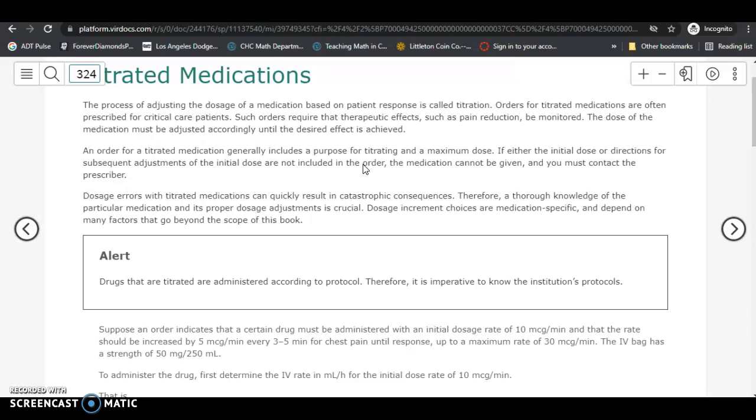If there's no response, if the desired response is not present, then you increase the dosage. To increase the dosage, you increase the flow rate at which the patient is receiving the medication through the IV. That's kind of the idea. In the next video, we'll look at a couple of examples of titrated medications.